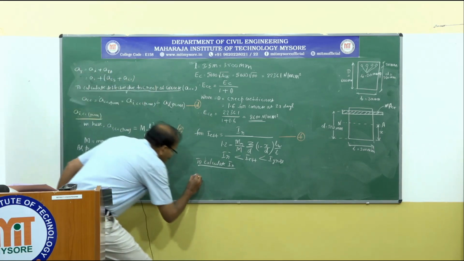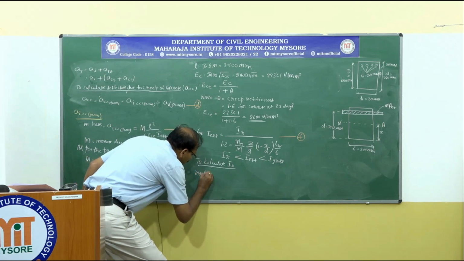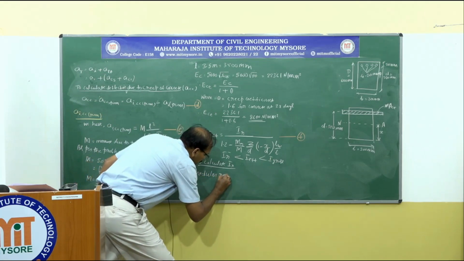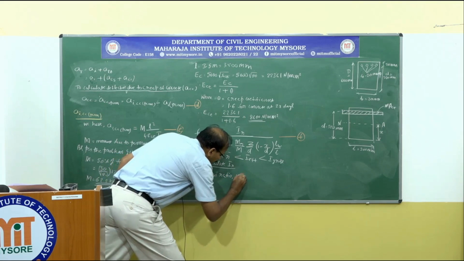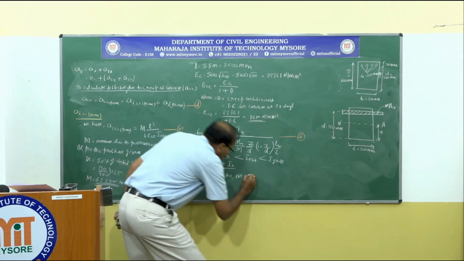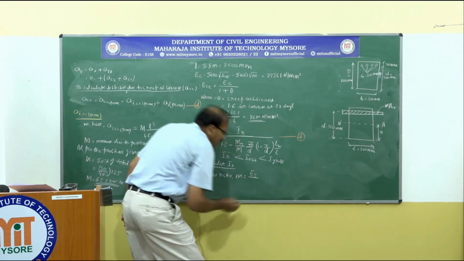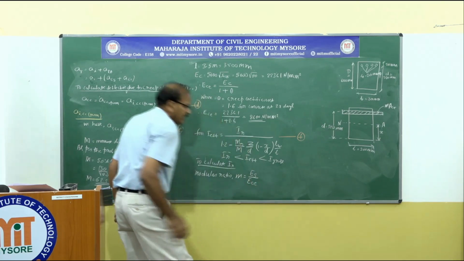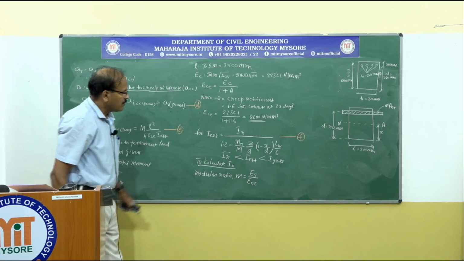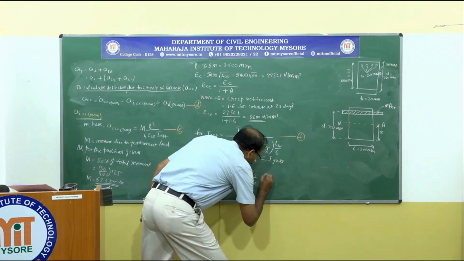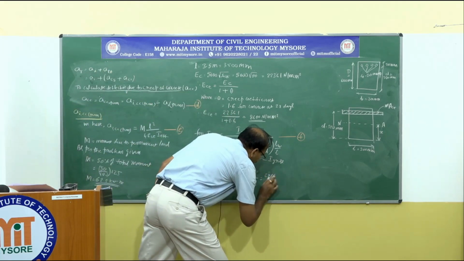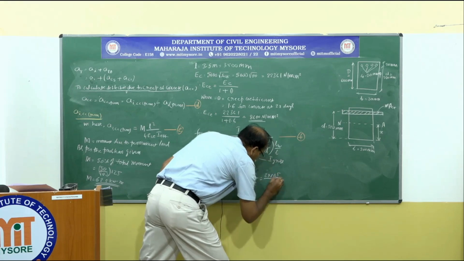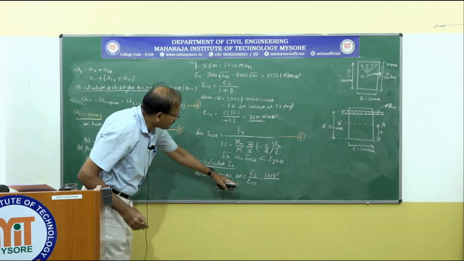So now modular ratio m equal to Young's modulus of steel divided by effective Young's modulus of concrete. So steel is, we know, 2 multiplied by 10 to the power of 5 Newton per millimeter square. Ece, what is Ece?